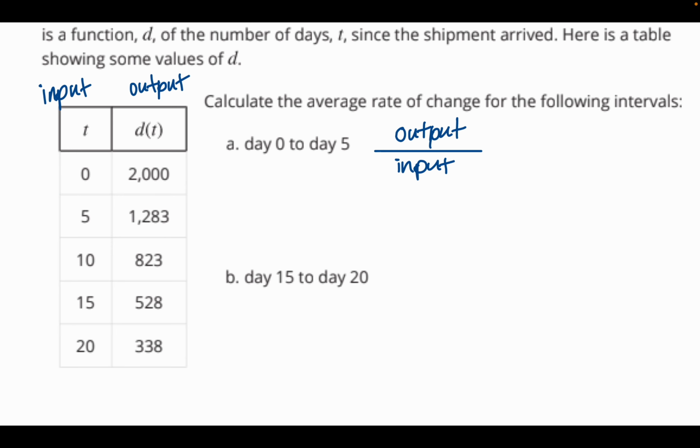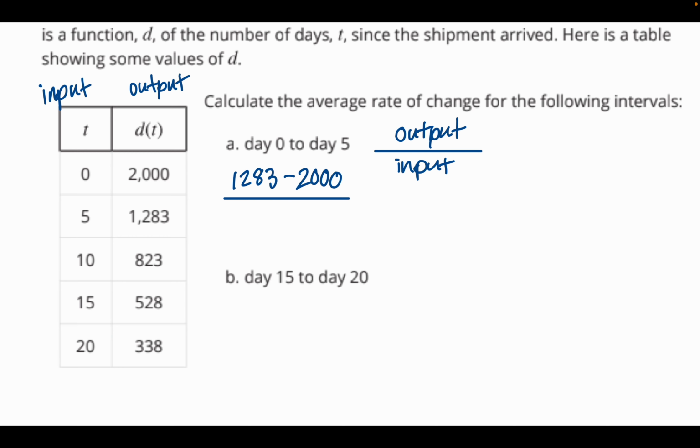We want to make sure that we're staying consistent with the numbers that we're using. We always want to go backwards in our input values, or in the negative direction, when we're subtracting. So for my output numbers, we are going to do 1,283 and then subtract the 2,000.